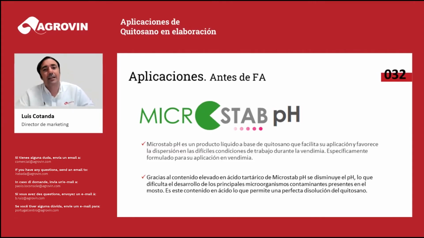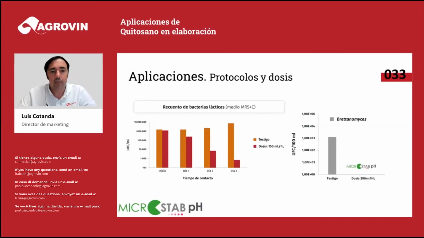On the other hand, it is formulated at a very acidic pH, that is a very low pH, because we've seen that in these conditions chitosan is very soluble, and therefore we can also reduce the pH in the must, and therefore we put some difficulties to the development of microorganisms, and also it favors the effect of the sulfur dioxide.